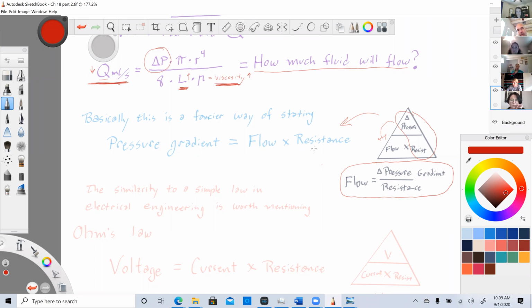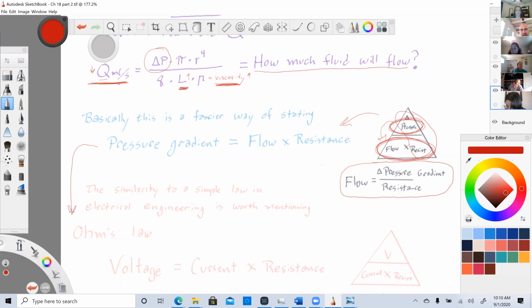Well, yeah, the pressure gradient is created by the heart in our situation, but mathematically this is perfectly fine, because pressure here is flow times resistance. So the triangle still works, the math still works here. Flow times resistance.